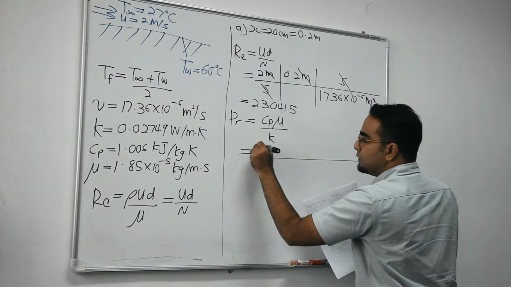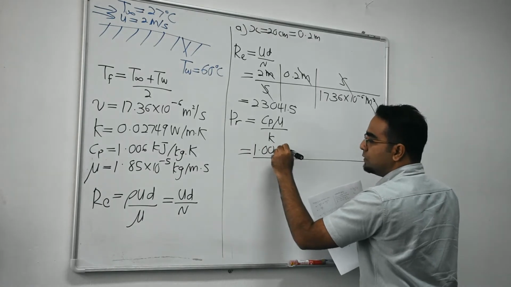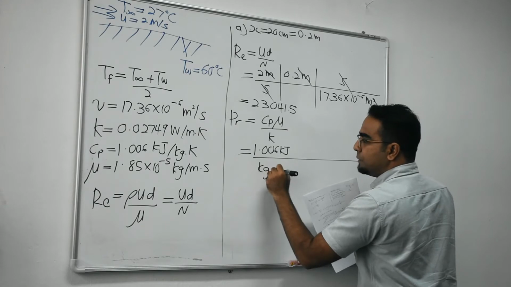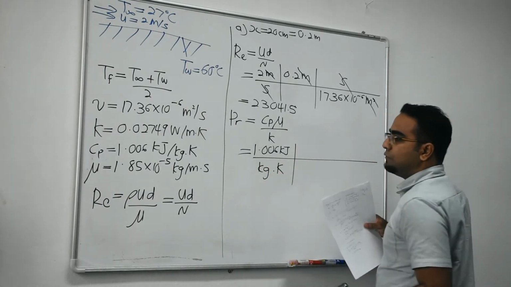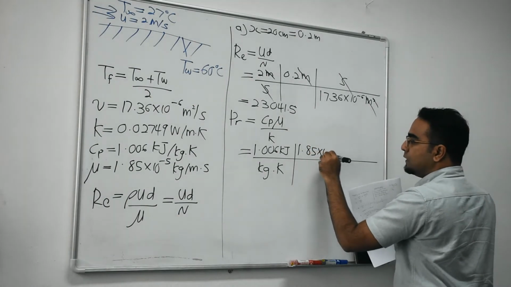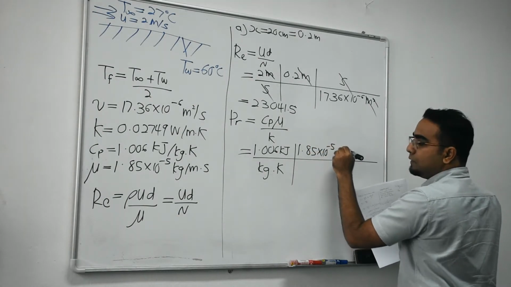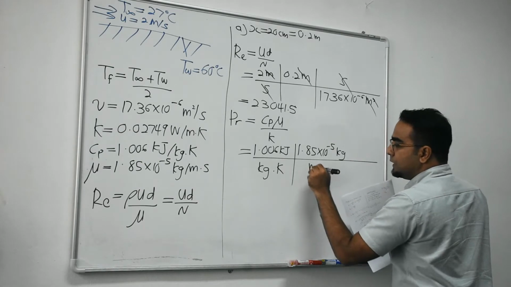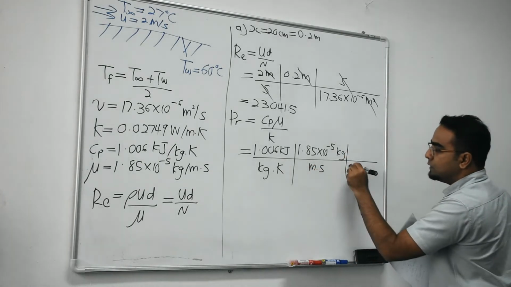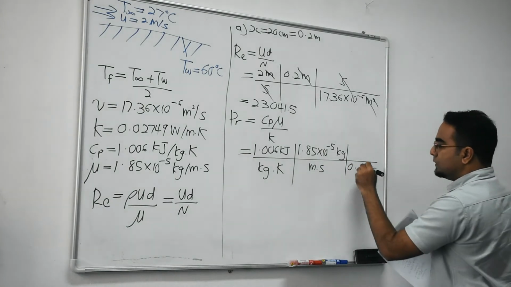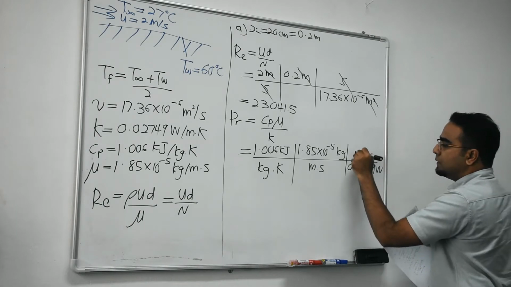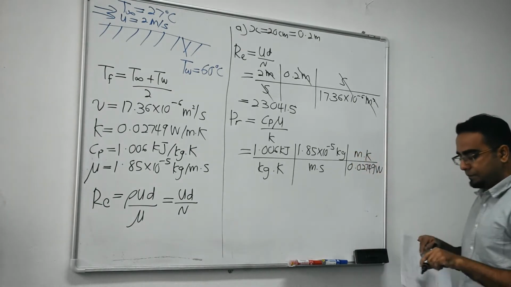So Cp is 1.006 kilojoule per kg Kelvin times your value of mu 1.85 10 to the power of -5 kg per meter second, and then the value of K is 0.02749 watt per meter Kelvin.